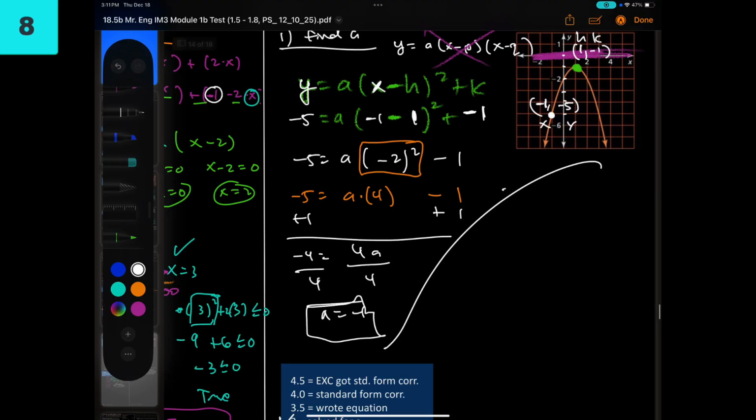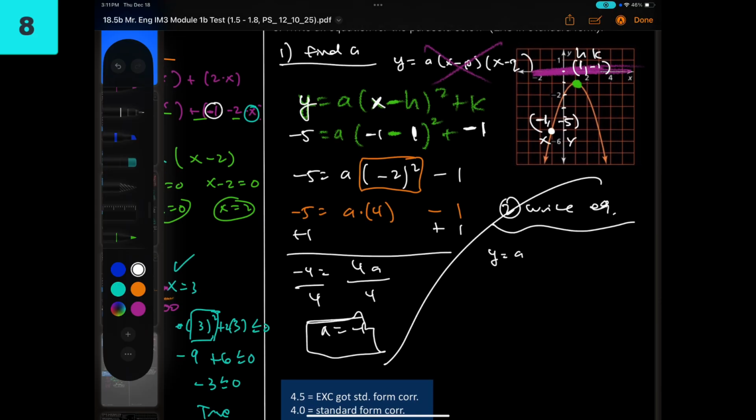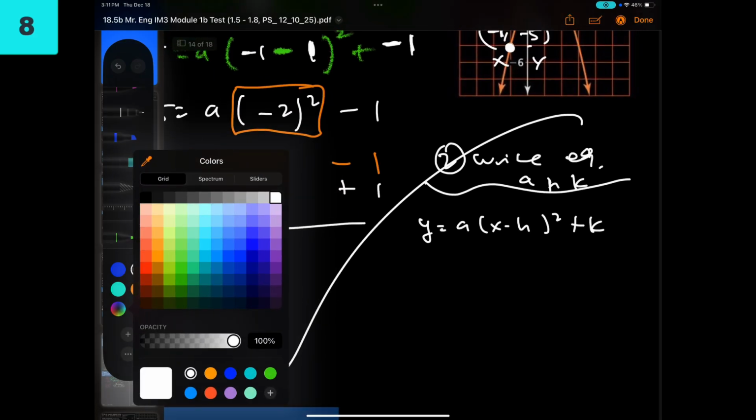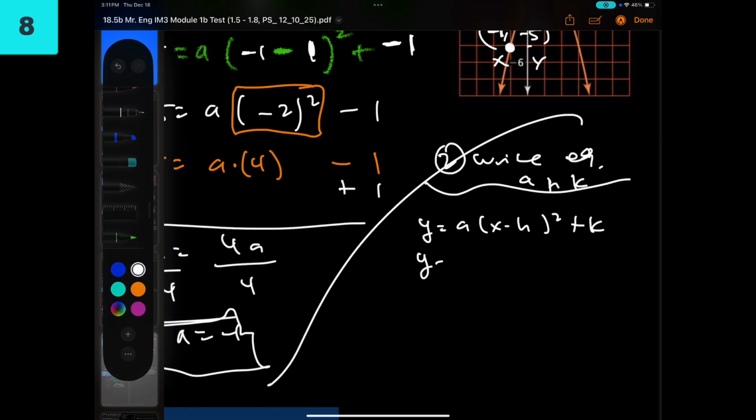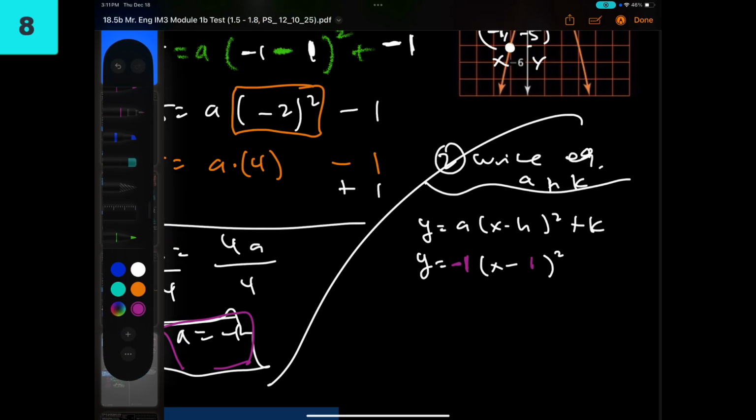Okay, so next you need to write an equation. So you're going to use the same thing. You're going to use y equals a times (x minus h) squared plus k. And this time we're only using a, h, and k to write our equations. That stays the same. Okay, so my a value down here is -1. Your h value is 1, and your k value is -1.